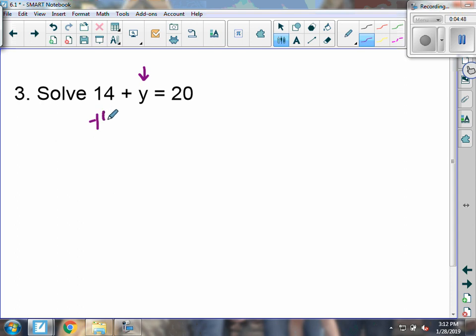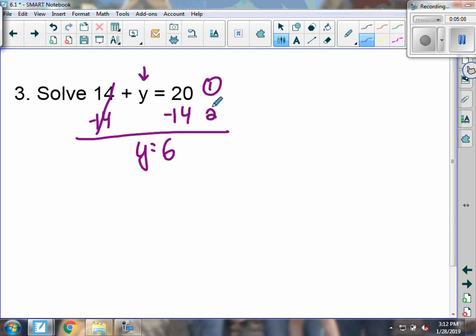We minus 14. So I subtract 14 from both sides because I want to be able to cancel that out. I want it gone. So I bring down my y is equal to 20 minus 14 is 6. So I have my first part, my original equation, 2, what I'm doing to that equation, and 3, my final answer. So that's what I'm looking for.